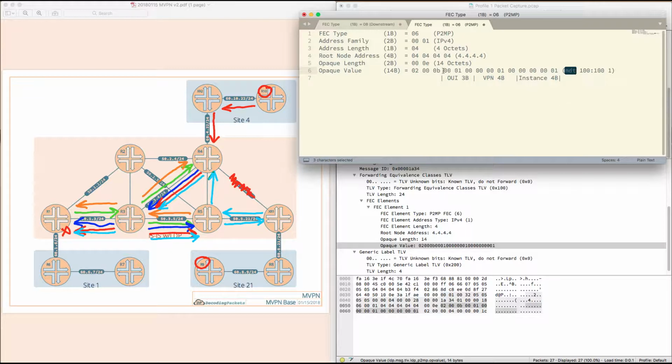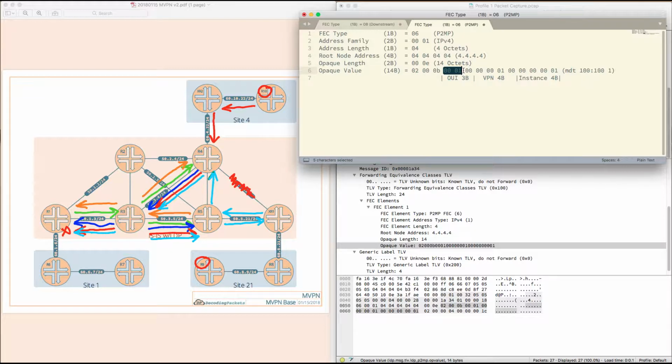The next 3 bytes are going to be the first part of the VPN ID. Remember, the VPN ID was something colon something, which I may not have mentioned in the lecture. It's all in hex: a 3-byte hex value, colon, followed by another 4-byte hex value. I don't know how they came up with this, but it breaks down into the OUI and then the VPN. In this case, the OUI was 100 and conveniently the VPN was 100.